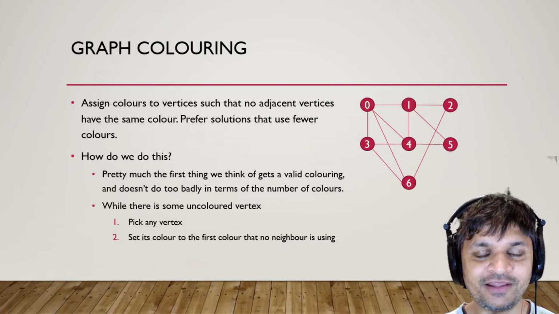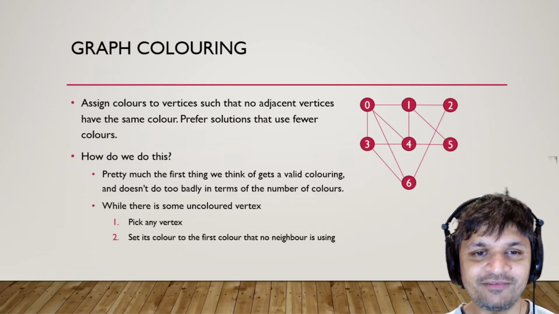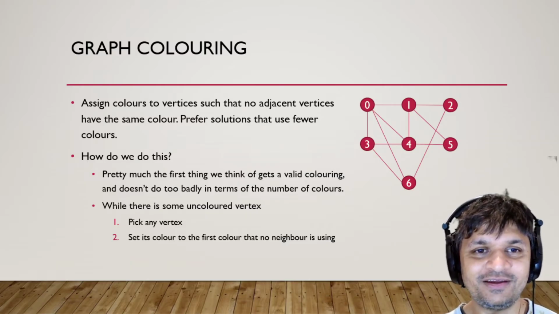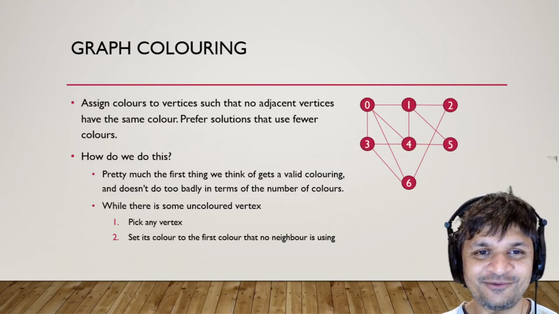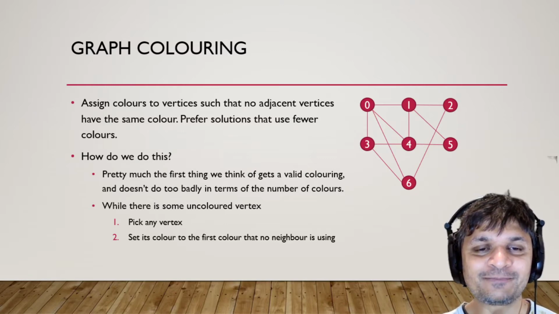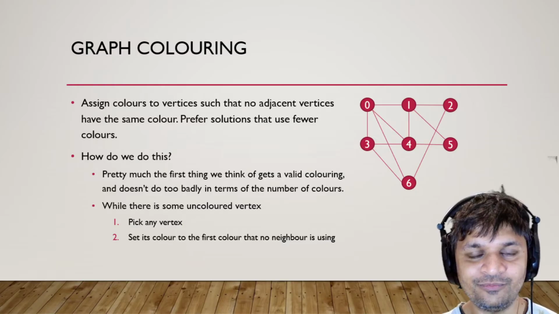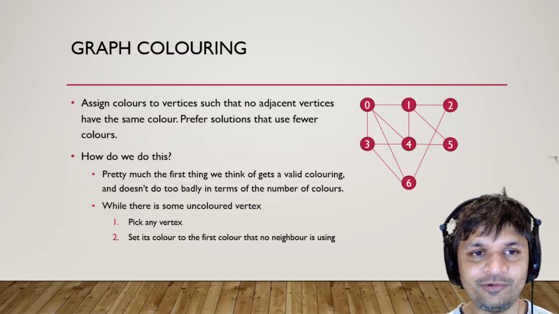So now we're not saying find the minimum number of colors. We're just saying find some small number of colors. Okay, now this problem is quite solvable because, you know, it's quite vague to a degree. But what I want you to do now is pause the video and just think about how you might solve it. How would you solve the problem of assigning colors to vertices such that no adjacent vertices have the same color?